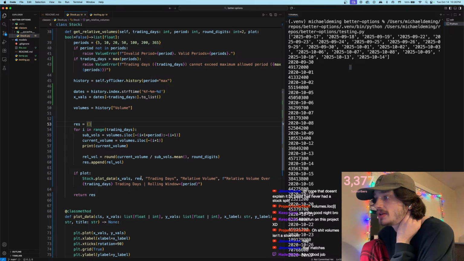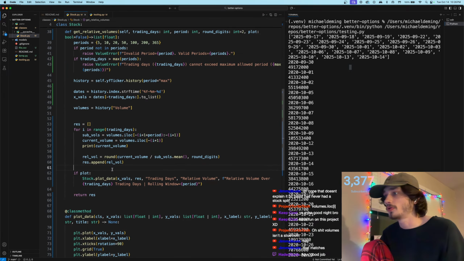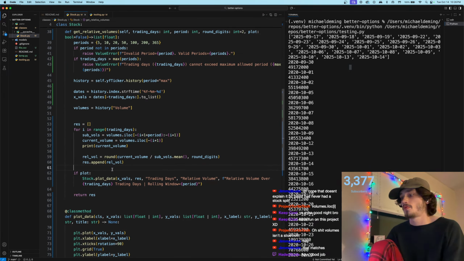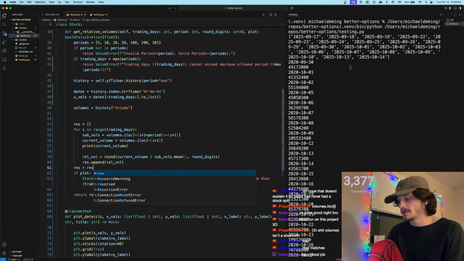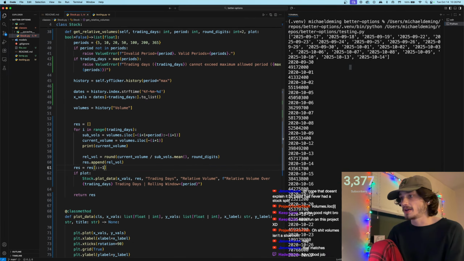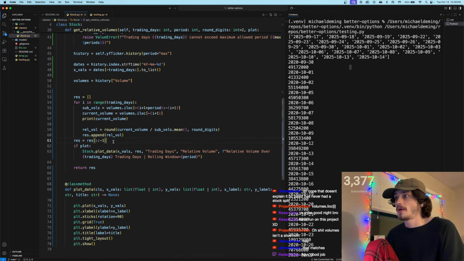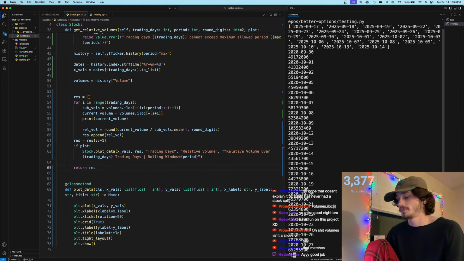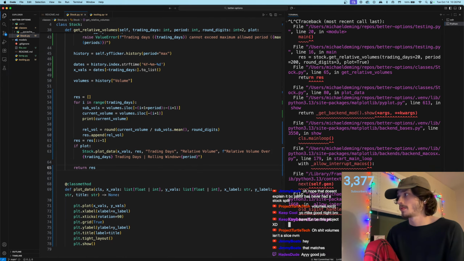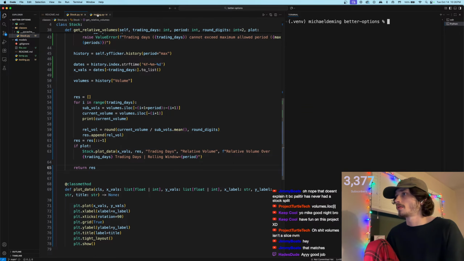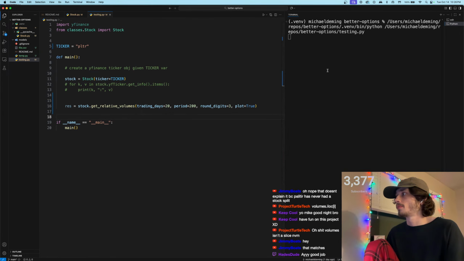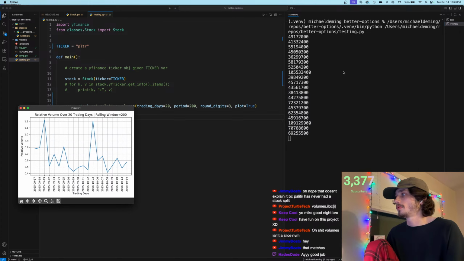So we have to just go res equals res flipped, and then we print. Boom. Which gives us this.